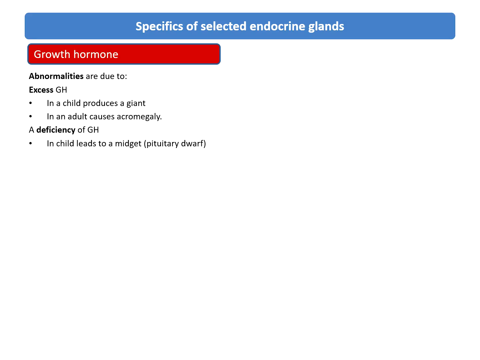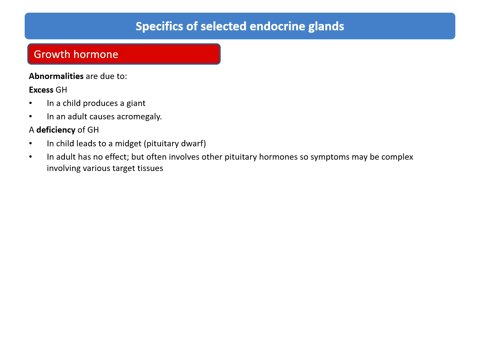The deficiency of growth hormone in a child leads to a midget, pituitary dwarf. In an adult, it has essentially no effect, but because a defect in growth hormone from the pituitary indicates there may be defects in other pituitary cells, symptoms may then become very complex.